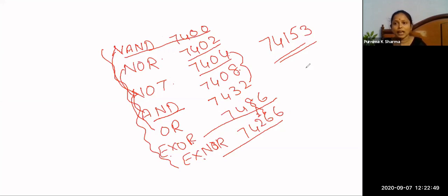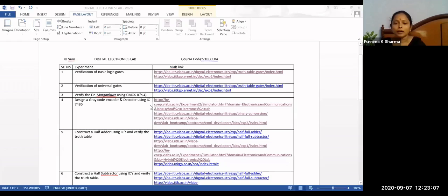IC numbers with ICs only. Actually, you have to perform all these experiments using the hardware kit. That means on breadboard you have to perform all these operations. If you are performing the experiment on breadboard, then using IC only will verify AND gate, NAND gate, all these things using these IC numbers.